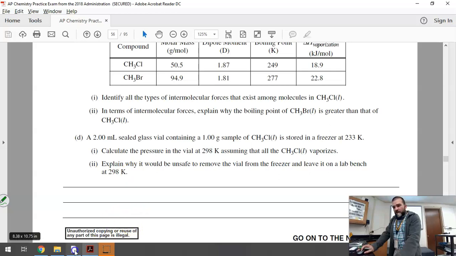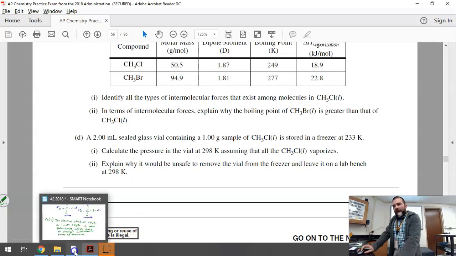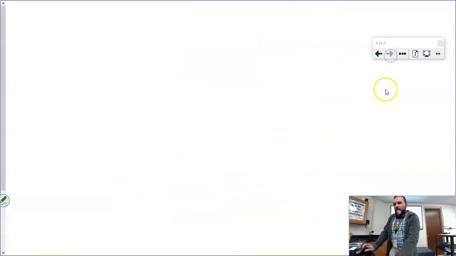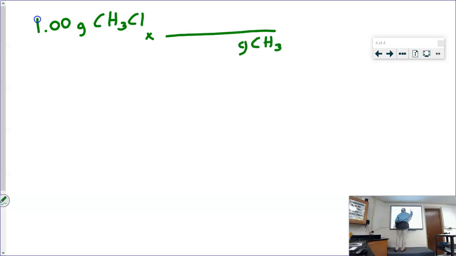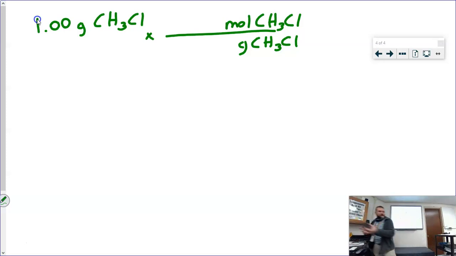Let's set this up. So I am going to convert my 1 gram of CH3Cl first. All right, let me bust up my calculator and periodic table. Lost my periodic table.